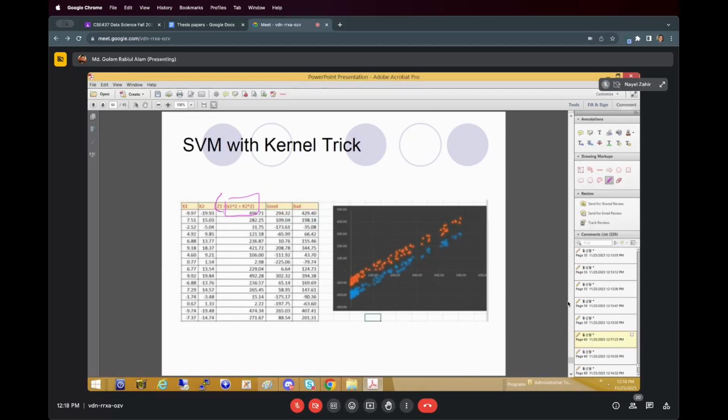If we convert our dimension into the G dimension, and then based on G we plot good and bad, we will get the data points like this. So now we can see that again we can separate our data points using linear separation, that is our linear hyperplane.